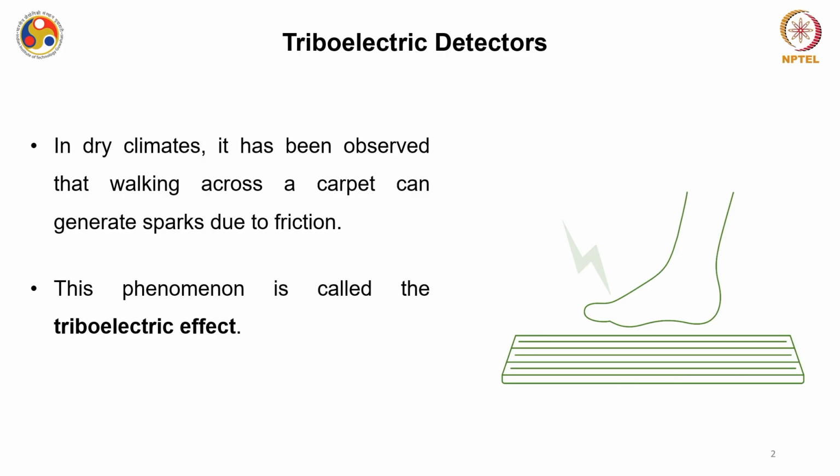even on a tile in an isolated place, it can generate some kind of spark. Okay, and this spark is mostly generated because of friction between your leg and the carpet. This charge generation or spark generation phenomenon itself is known as the triboelectric effect.